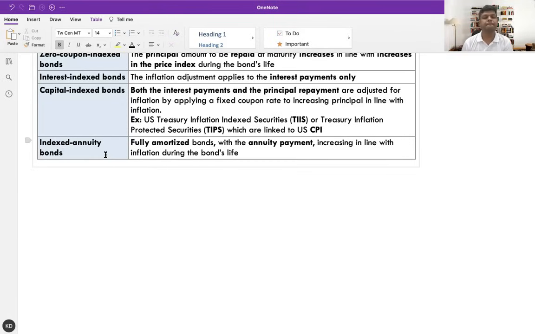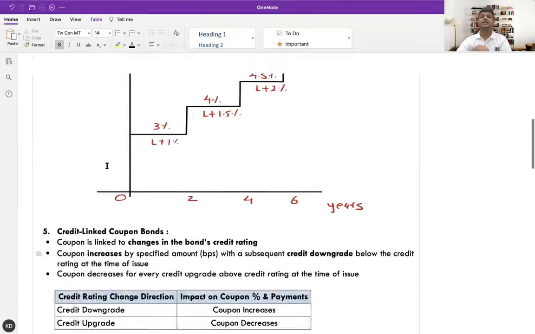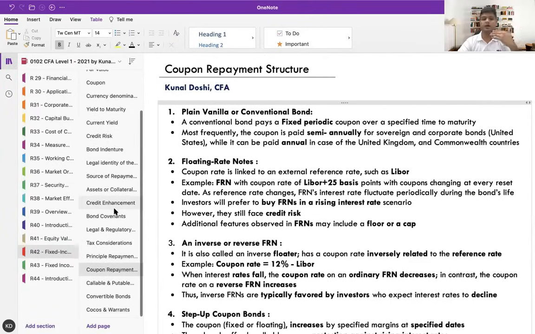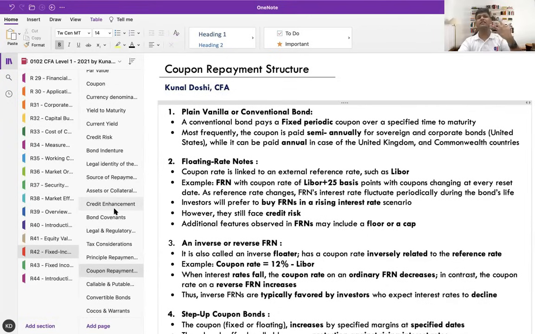Clear? But that was a very lengthy part of principal and coupon repayment structure. But yes, these are the different forms. I've covered all different forms of coupon structure. Right?